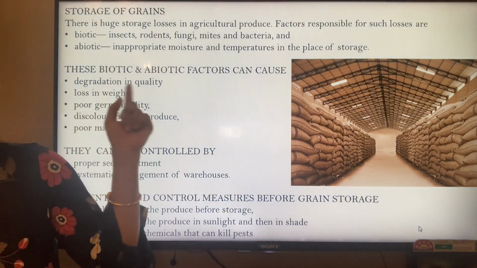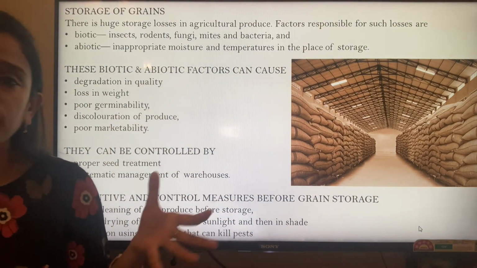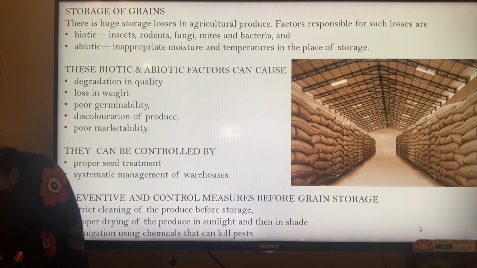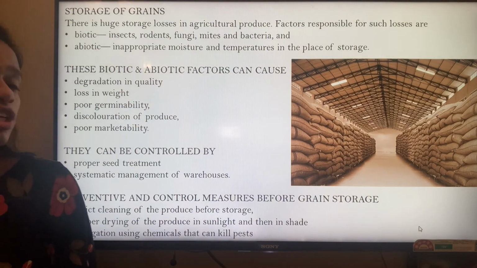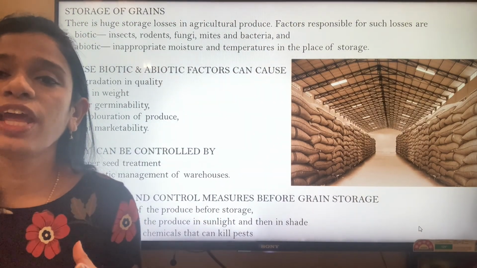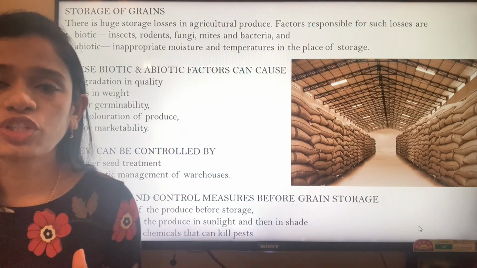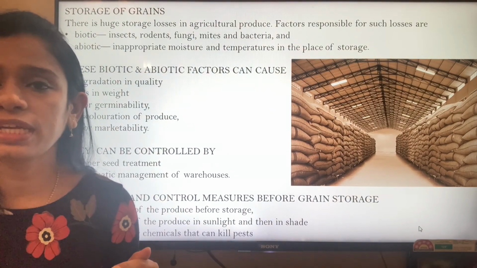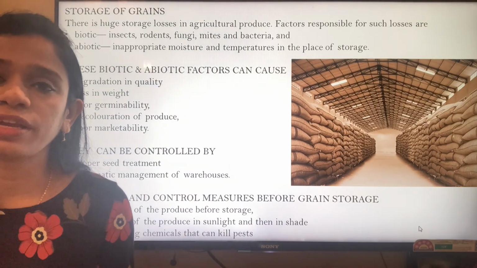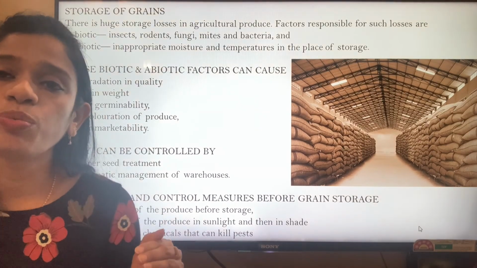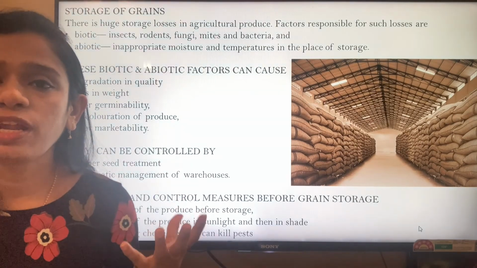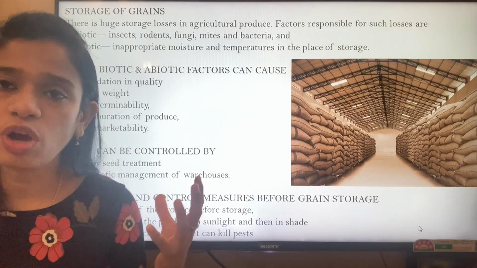So the abiotic factors can cause degradation in quality of the grains, loss in weight, poor germinability, discoloration, and poor marketability. It can affect the grain quality very much, and once the grain quality is affected, it is not able to get its proper market, because people don't tend to buy any grains which are affected by any insects or weeds or pests.